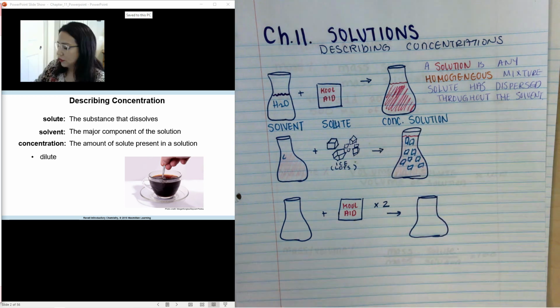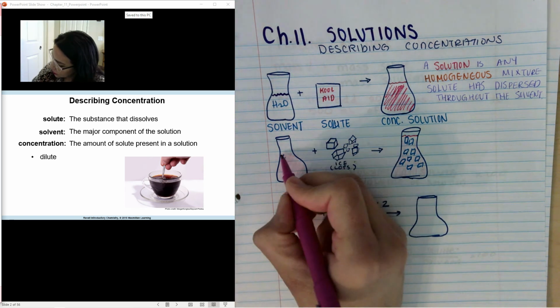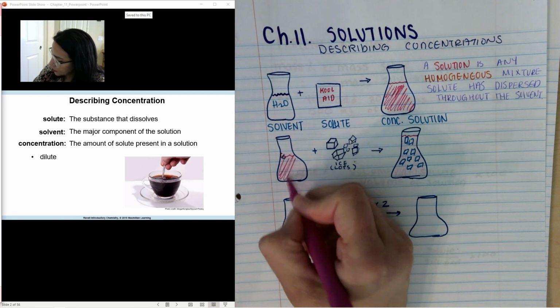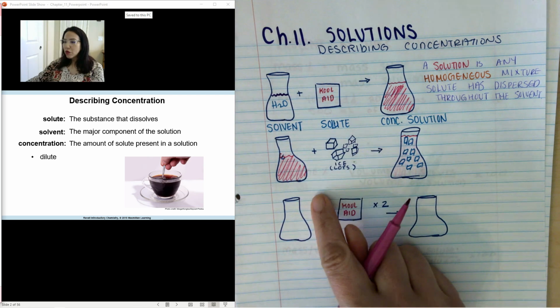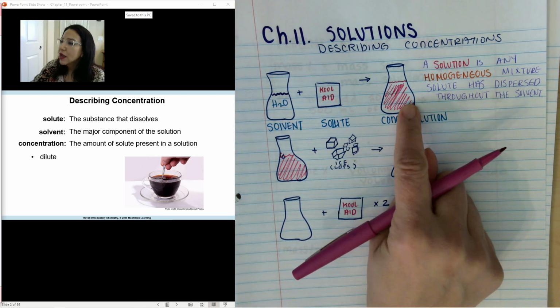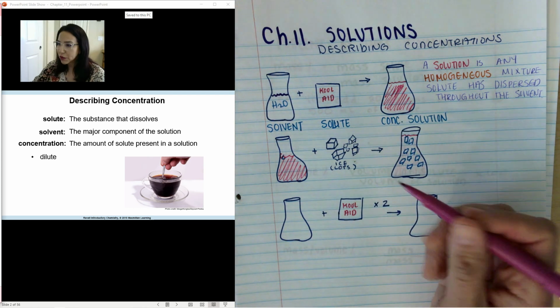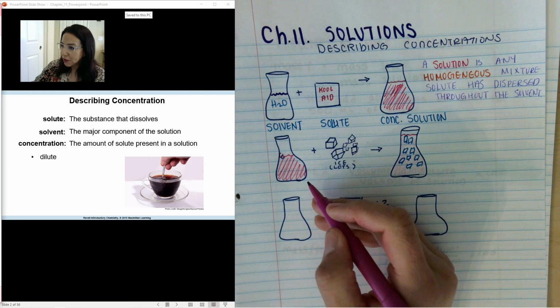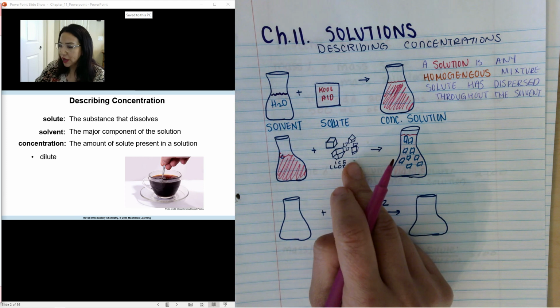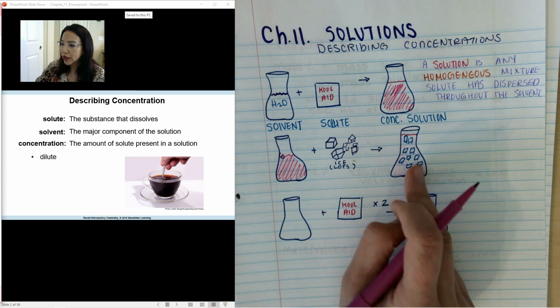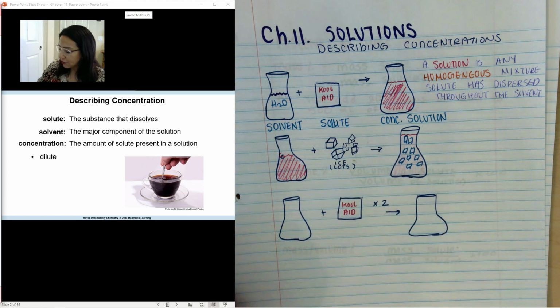I'm just going to make this the same here as the other one. So we added more solvent. In this case, our concentrated solution is a nice deep purple color. This is the same concentrated solution, and we added some ice to it. Now we have more of it, and it's in a lighter shade of color.